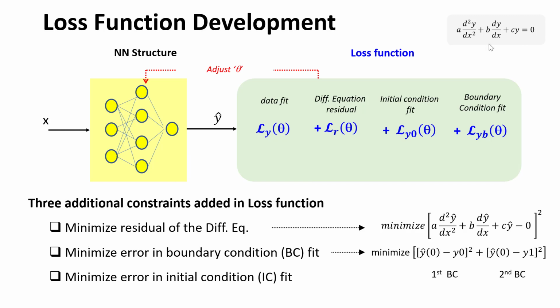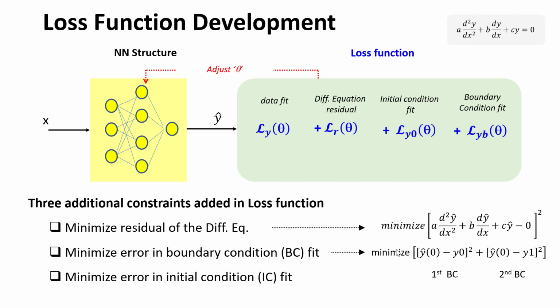For example, in the equation we have looked at so far, a d square y by dx square plus b dy by dx plus cy equal to 0, minimizing the residual of the differential equation essentially means minimizing this function. Since this whole differential equation on the left hand side is supposed to be equal to 0, the value of this itself needs to be minimized and should be as close to 0, which is what the first term is.